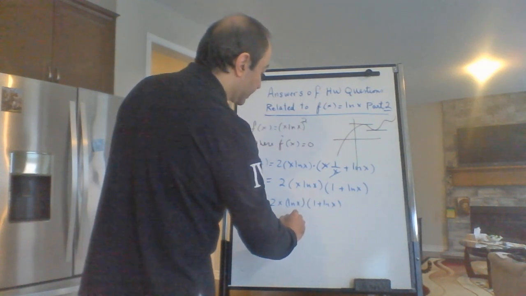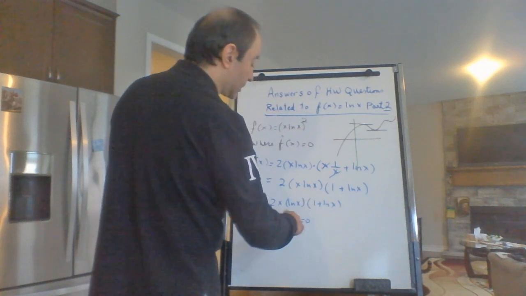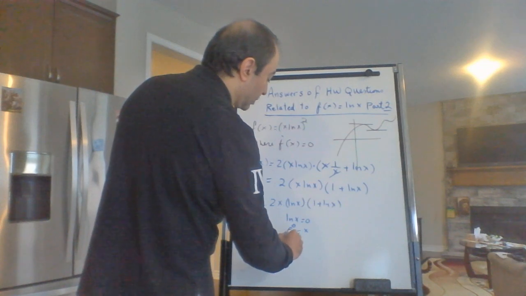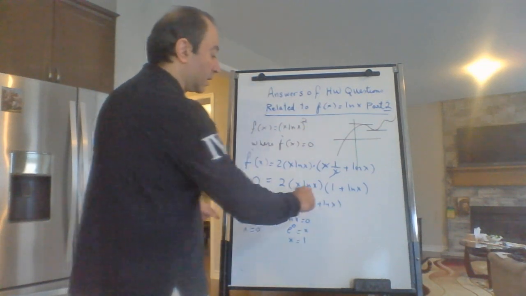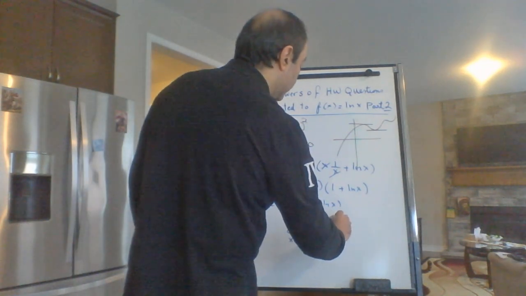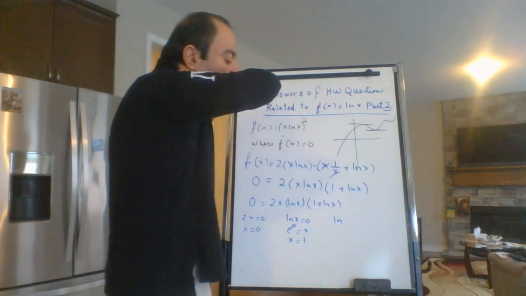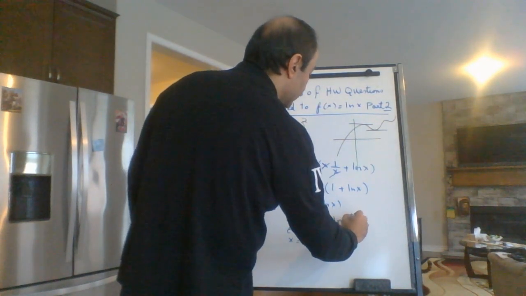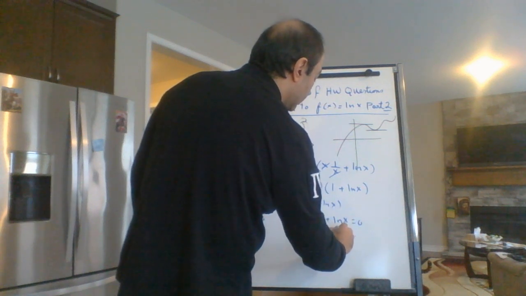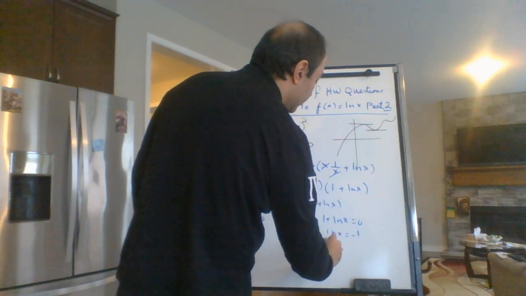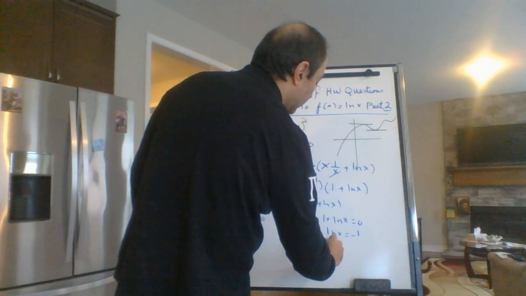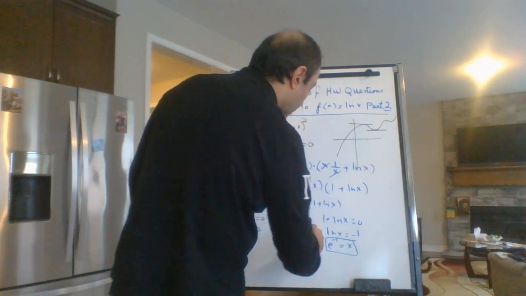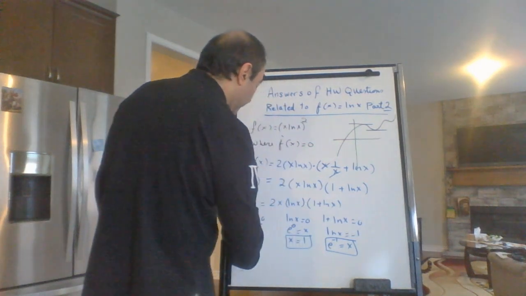Here ln x equals 0, that means e to the power of 0 equals x, so x equals 1. In here, 1 plus ln x equals 0, that means ln x equals negative 1, that means e to the power of negative 1 equals x. So those are the three values of x.